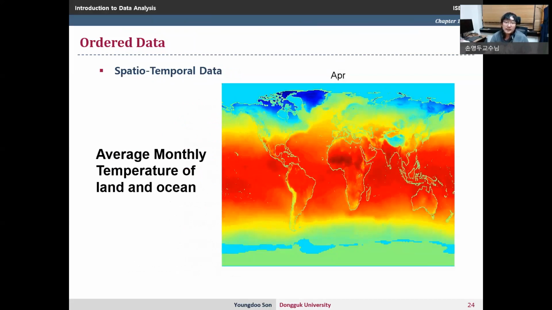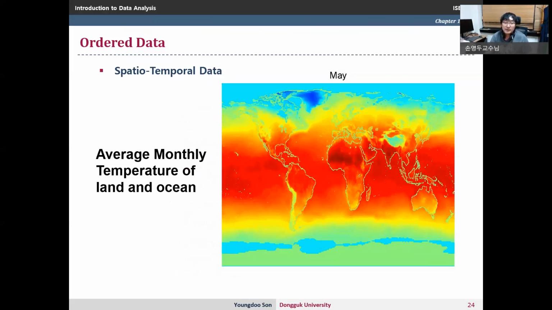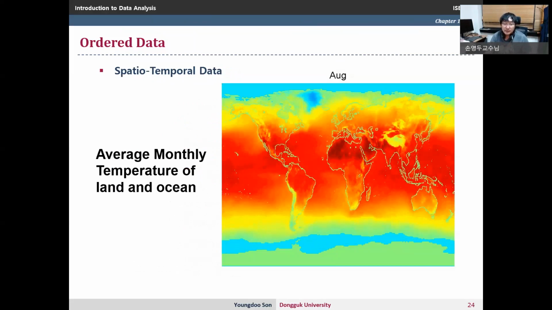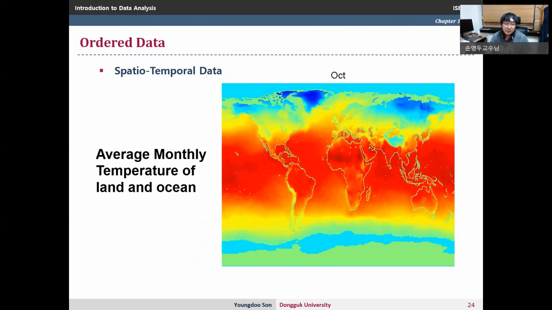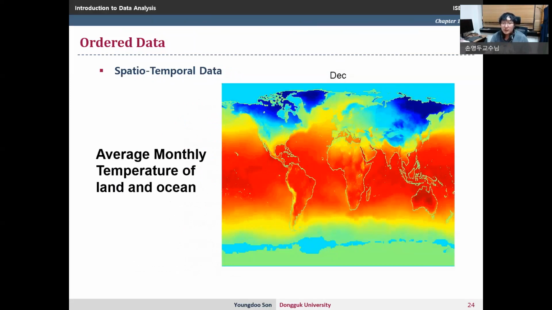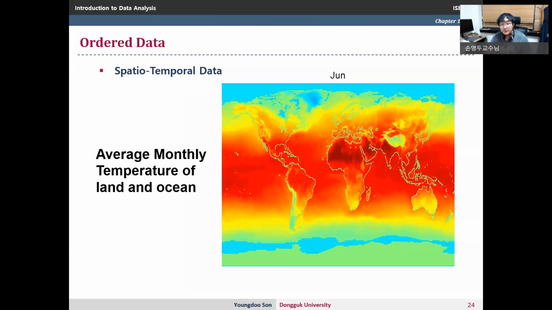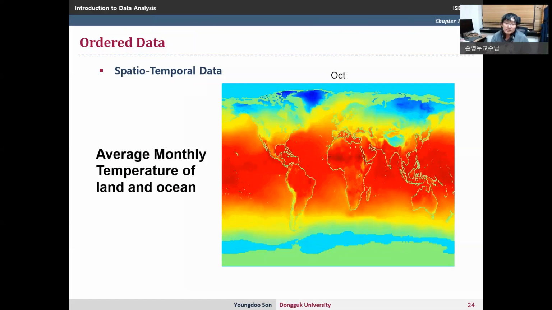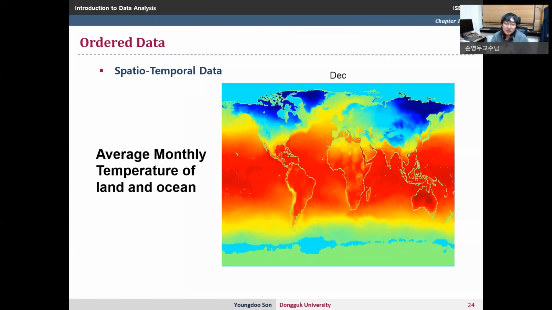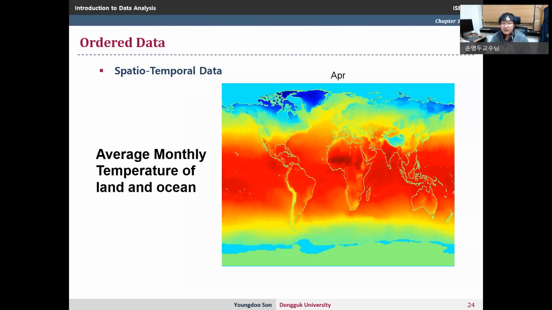And this is the example of spatial temporal data. This is the average monthly temperature of land and ocean. Each figure is spatial data because these temperatures are located and have a relationship in the space manner.